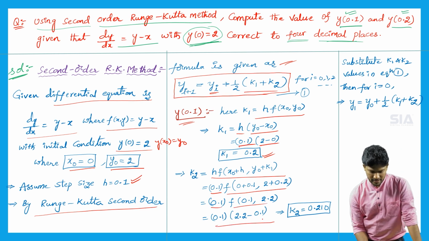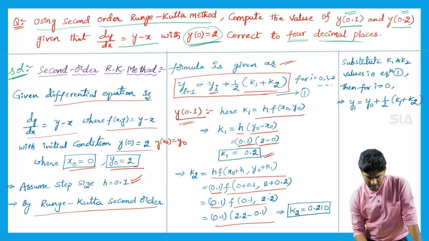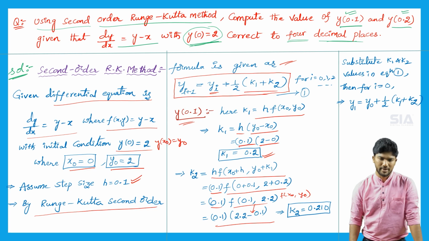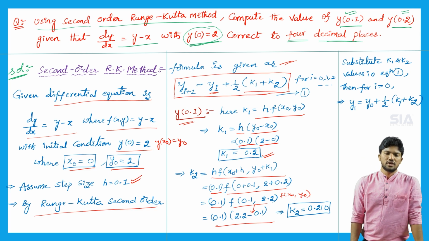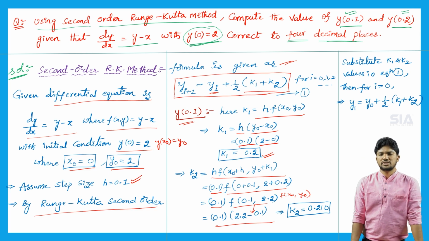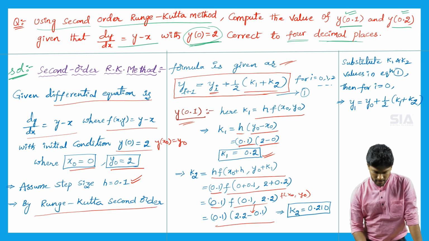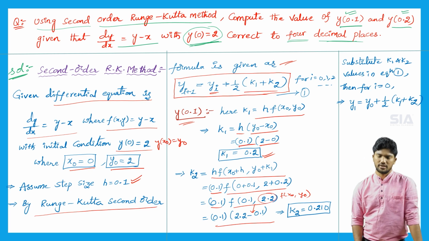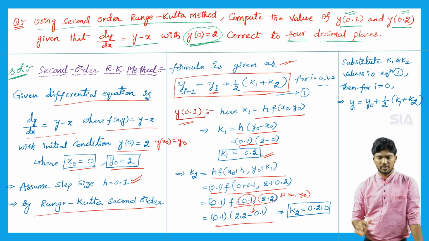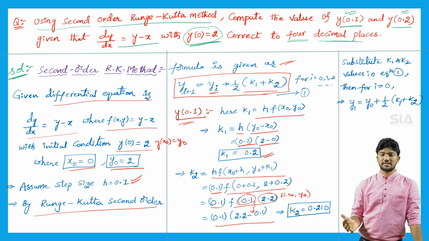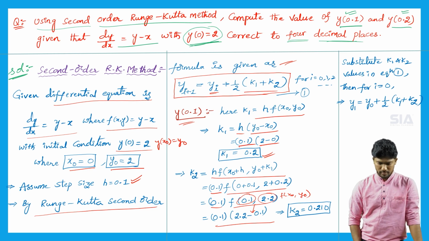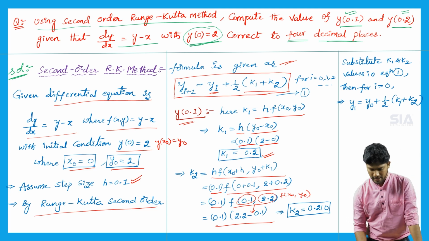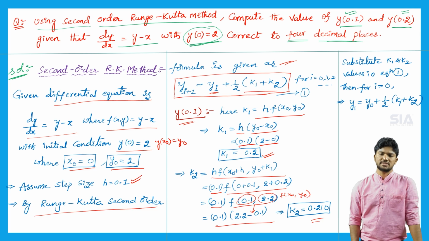Simplifying, the function f is y minus x, so it is 2.2 minus 0.1. Here this value is y naught and this is x naught, or y1 minus x1. Therefore 0.1 into 2.1, and we get k2 value as 0.210.